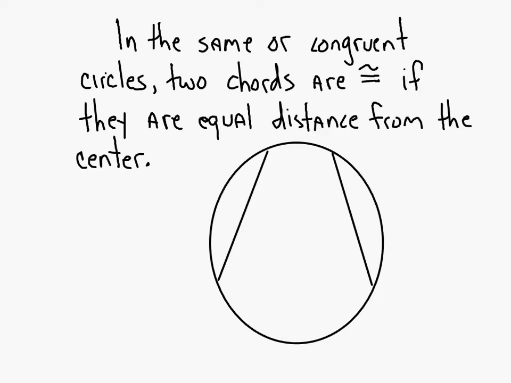All right, here's what a diagram will look like showing that two chords are equal distance from the center. You'll have the center of the circle. Then you'll have a segment from the center of the circle to a chord, and the center to another chord. Those segments have to intersect the chord at 90 degrees.